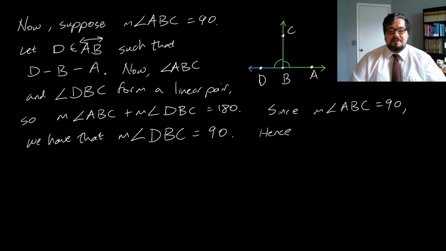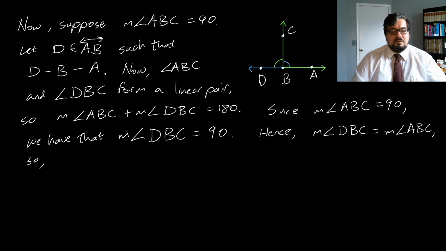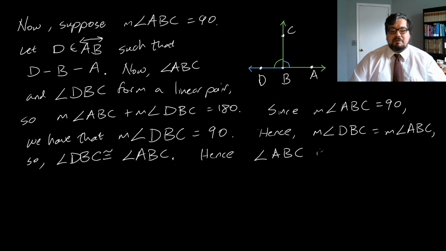Hence, this means that the measure of angle DBC is equal to the measure of angle ABC. So that means that the angle DBC is congruent to the angle ABC. Hence, we have that angle ABC is a right angle.